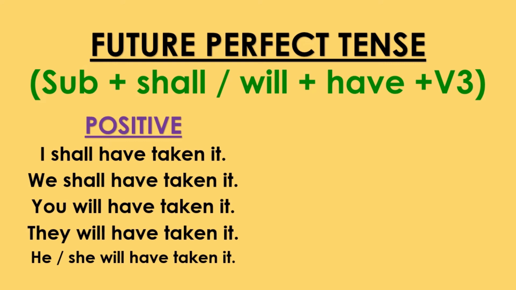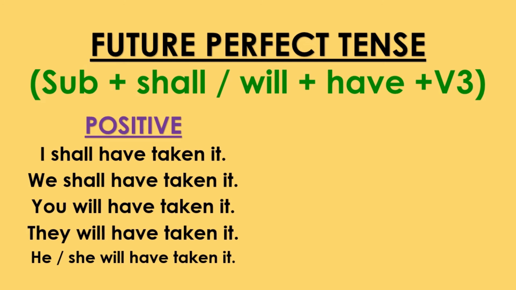Now here we need to keep in our mind something very important, as we have always discussed that it is has which we use in case of third person singular number. But here we are using have.